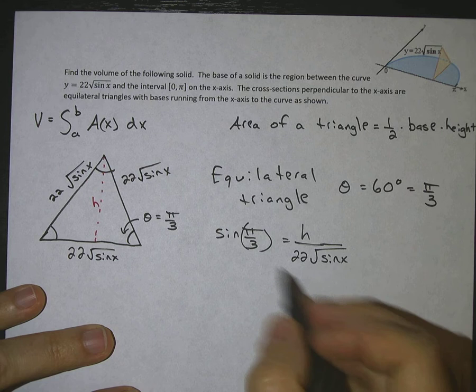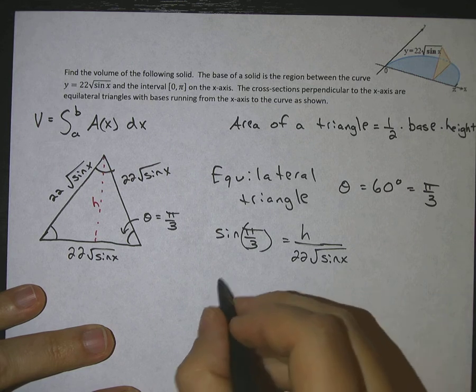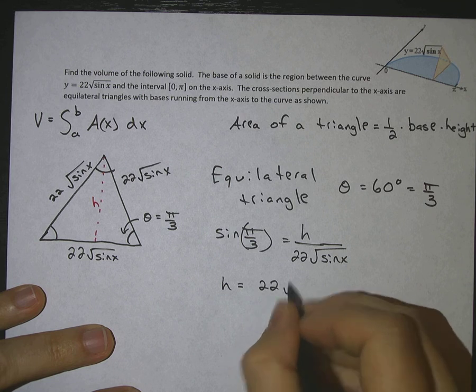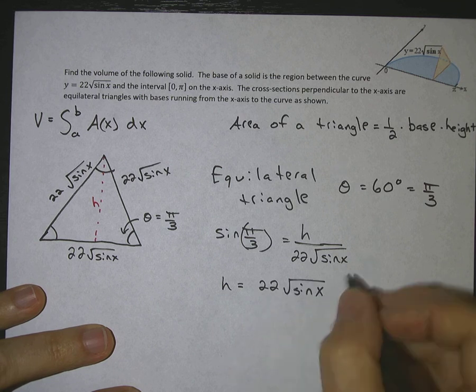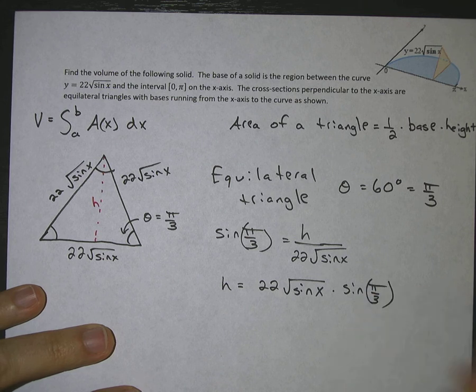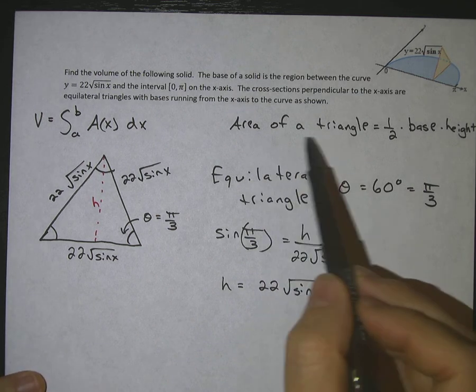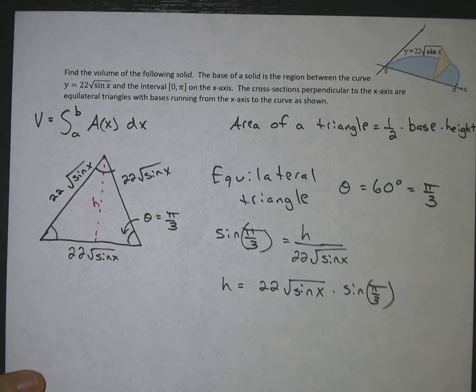Do a little quick solve for h there. So you get h is equal to 22 square root sine x times sine pi over 3, which is, of course, root 3 over 2. We'll write that in a second. Go back up here to where you have area of a triangle, 1/2 base times height.